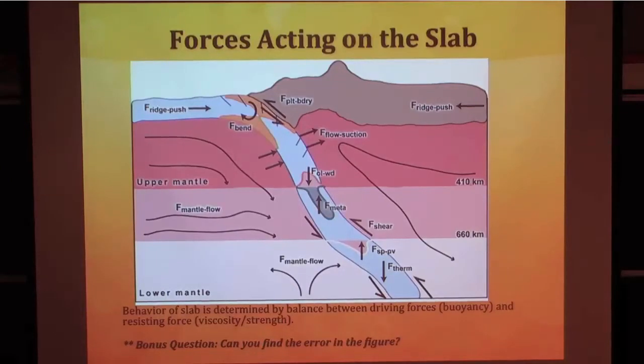But the mechanical thickness of the slab, which is mainly determined by its temperature, since you have strongly temperature-dependent viscosity, is slowly going to decrease because the cold region is getting smaller over time. But in the upper mantle, that diffusive thickening is not very much, because slabs sink pretty quickly through the upper mantle.